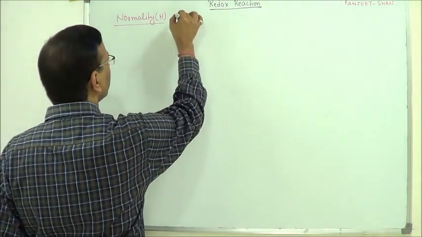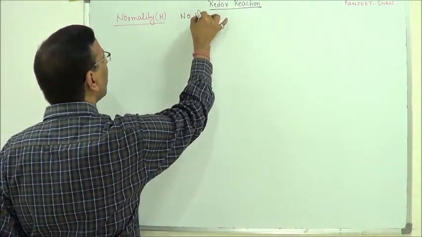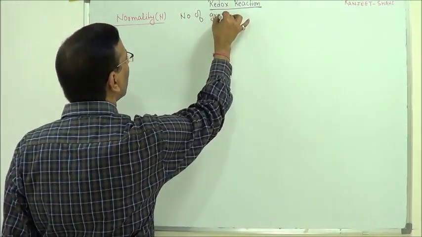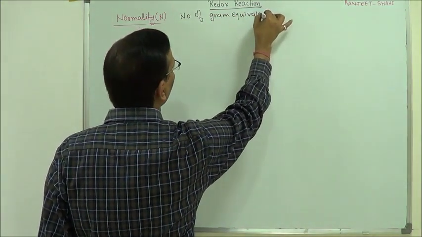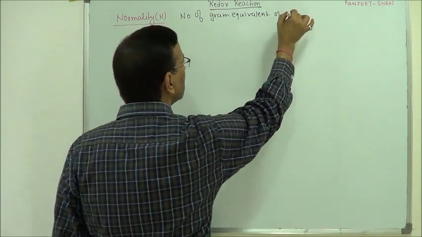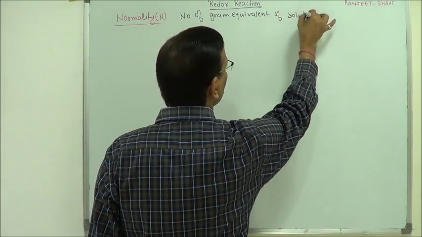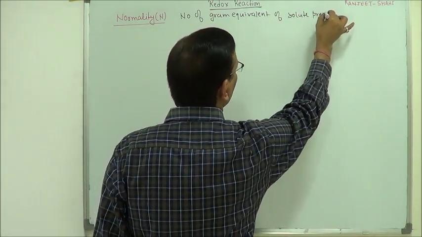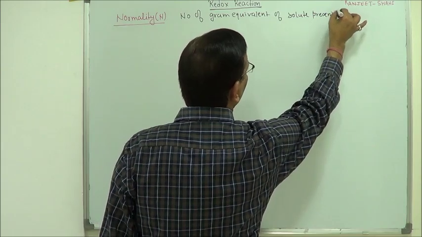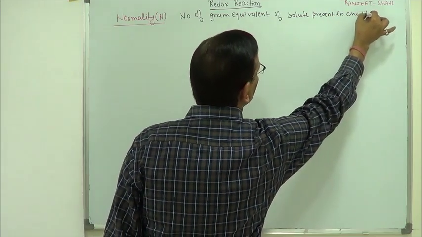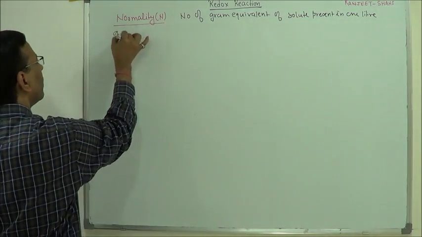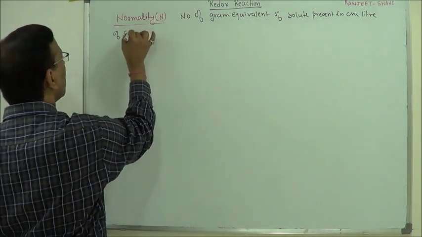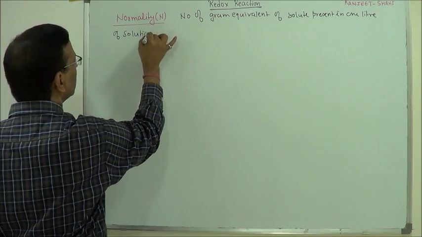So it is the number of gram equivalents of solute present in 1 liter of solution.